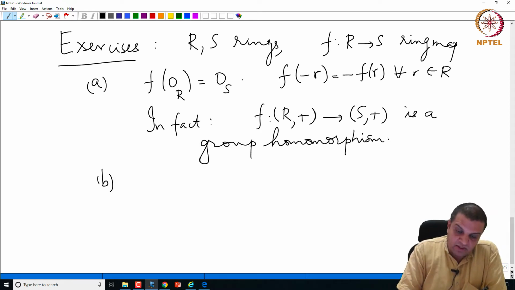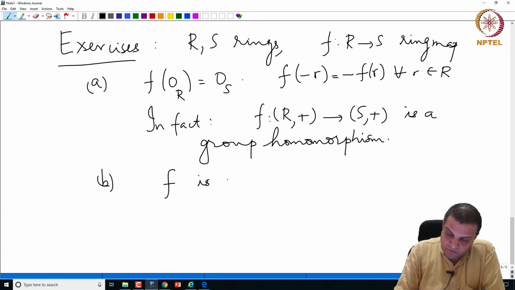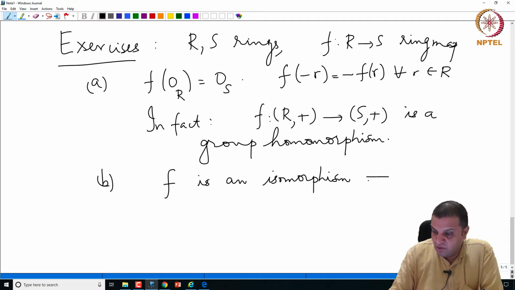And the second thing: f is an isomorphism if and only if f is bijective.